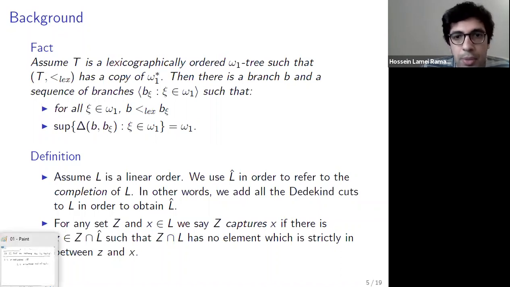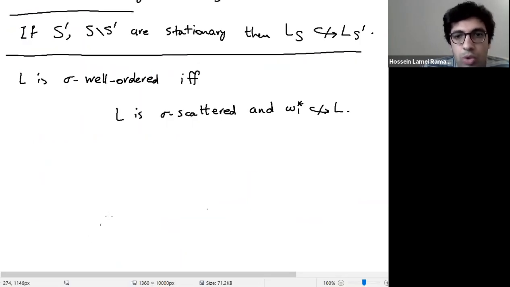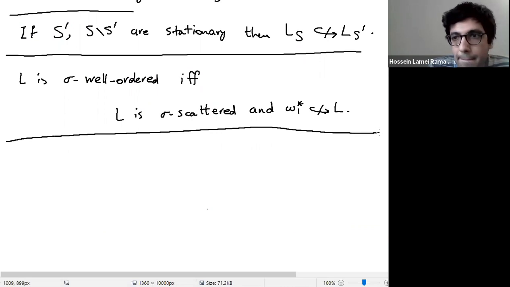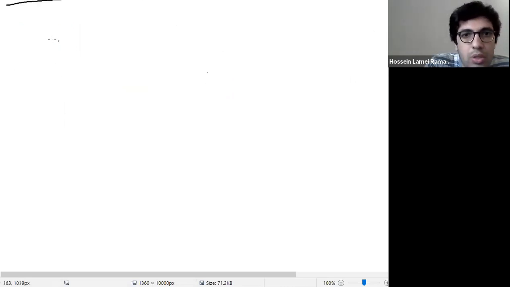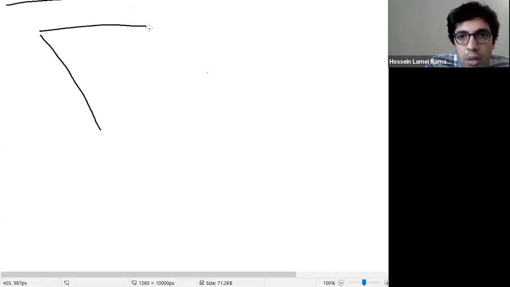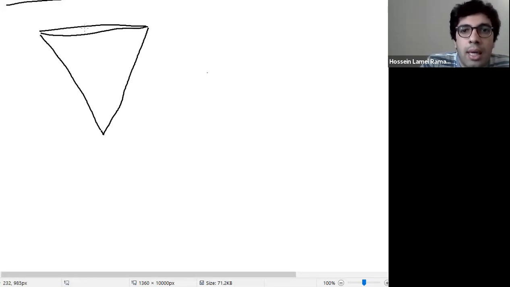I'll show that in the picture because it's clearer in pictures than words. So suppose that we have an omega 1 tree like this, and it does not have any unnecessary subtrees, so it has a lot of branches.